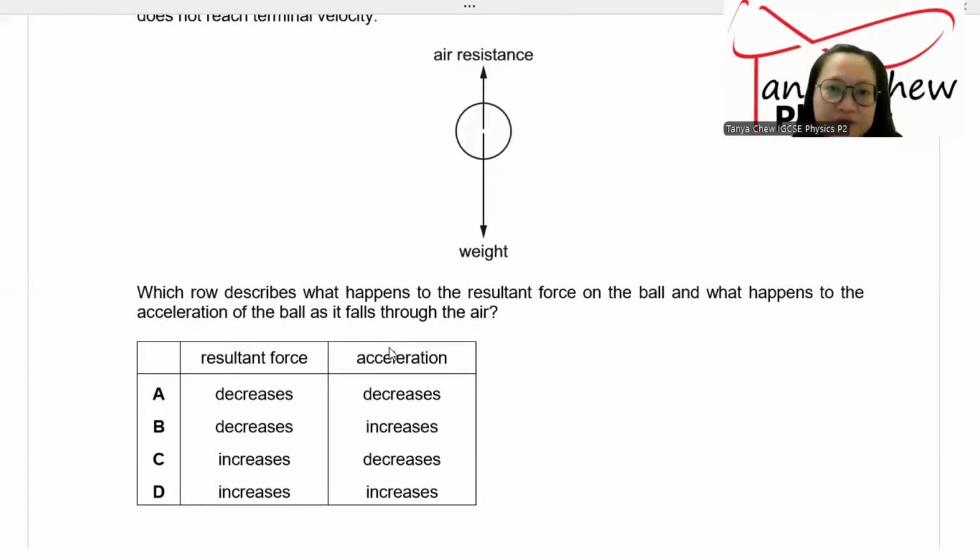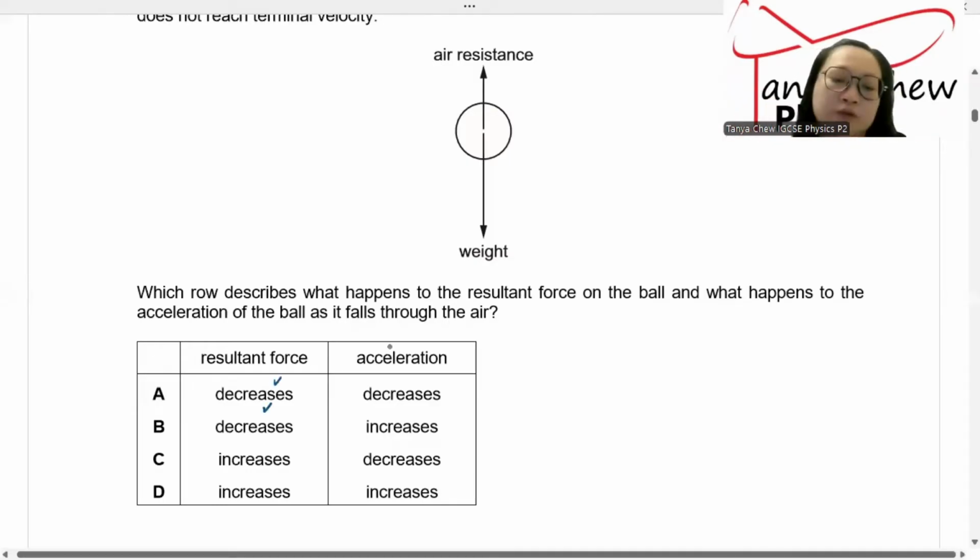The weight of the ball is constant because the ball is on the surface of the earth, therefore the gravitational force acting on the ball is constant. Now, due to air resistance, the upward force keeps on increasing, whereas the downward force is constant, which gives you a decreasing resultant force. And since F equals ma, when the resultant force is decreasing, the acceleration must decrease as well. That is why the answer is A.